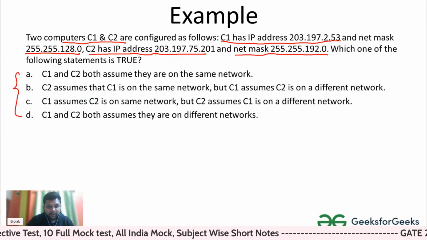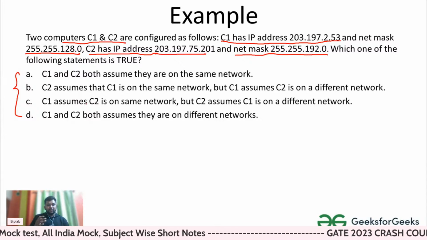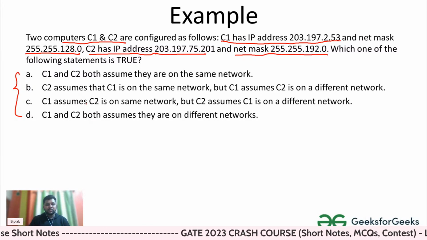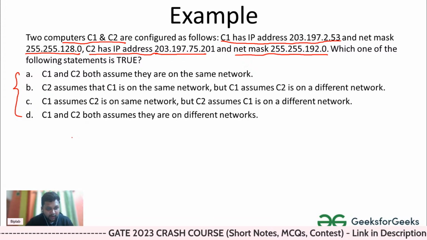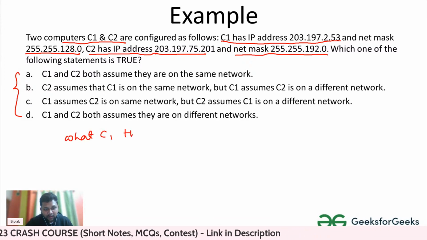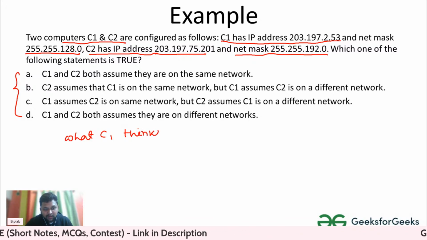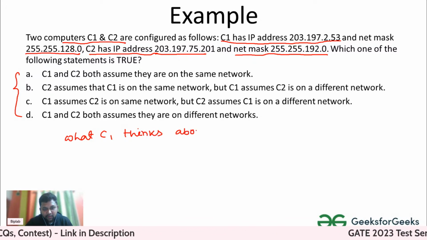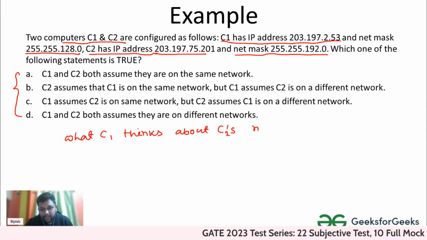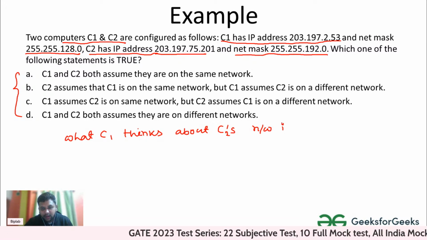So first, you have to understand what C1 thinks about C2's network ID.